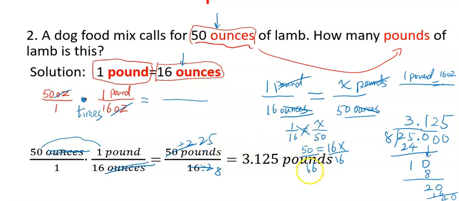Take 50 divided by 16, which will give us the same answer. So either of these methods can tell us that we're supposed to do 50 divided by 16. So it's not a multiplication, it's not 16 divided by 50. And some of the students, again, might be able to see this directly without using any of these methods. But if you have trouble, always try these.